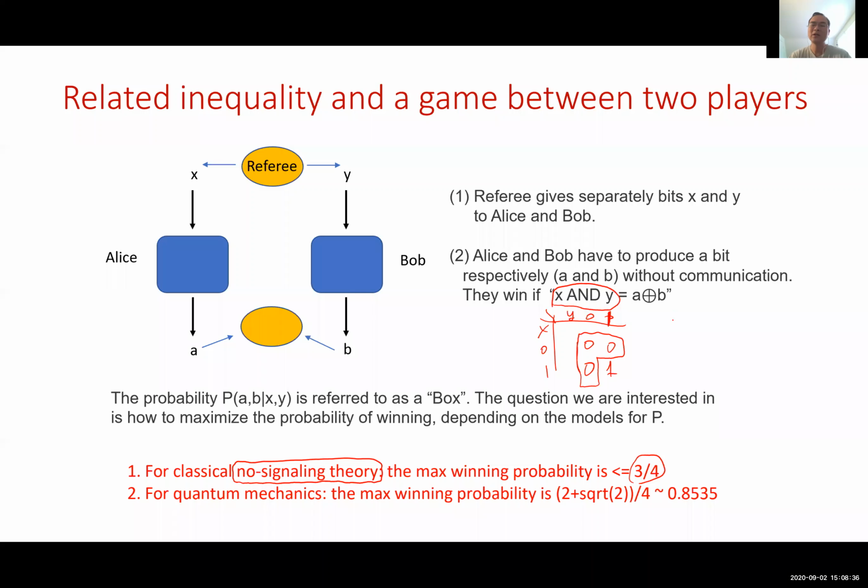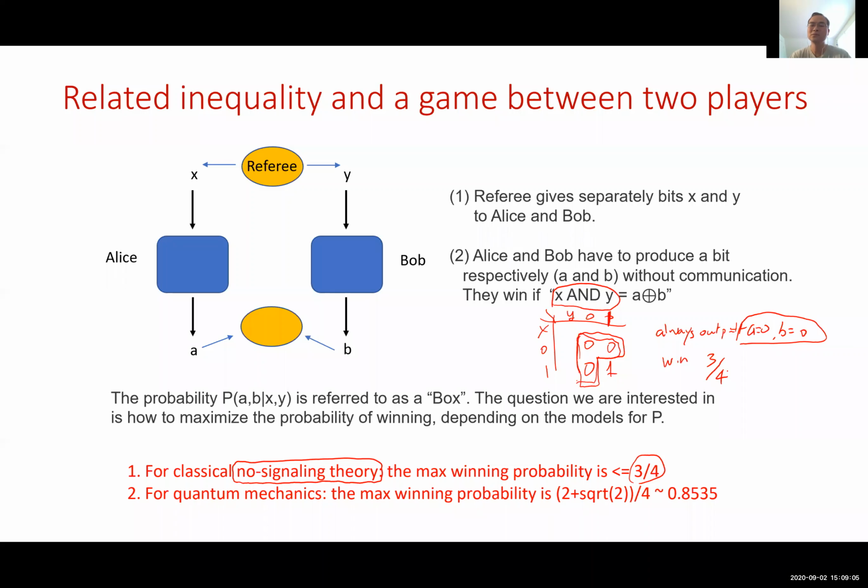I could design a strategy where I always output A equal to 0, B equal to 0. That looks like a stupid strategy, but I'm going to win 3/4 of the time.